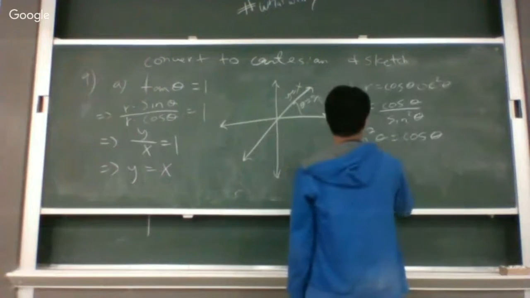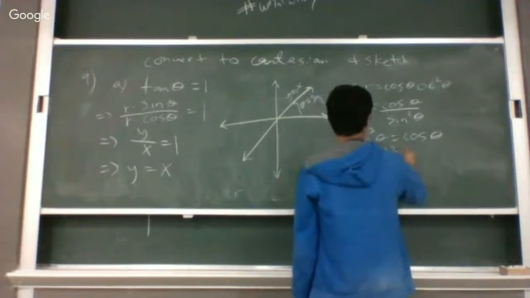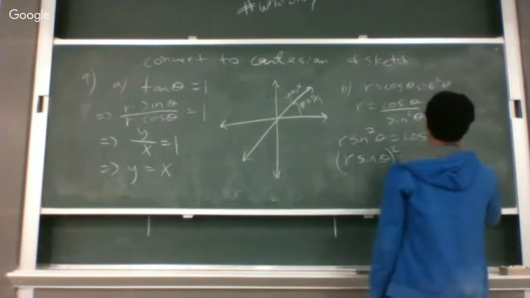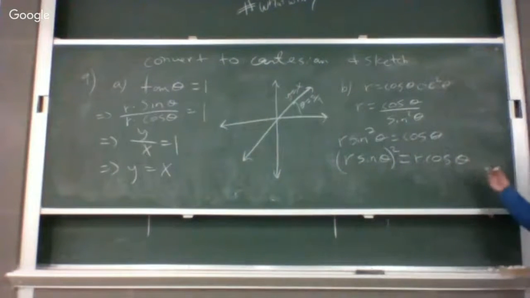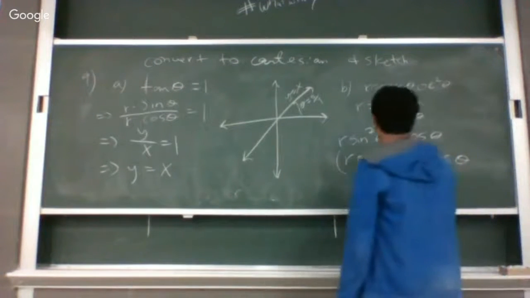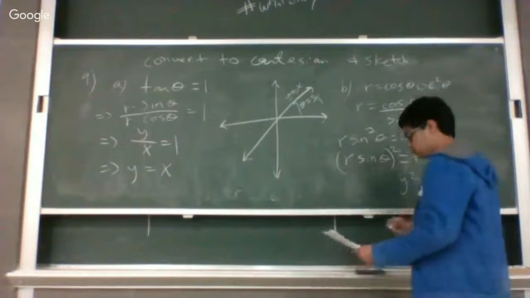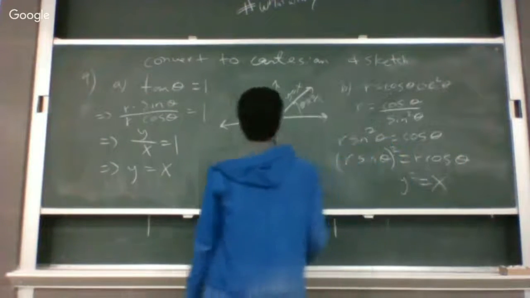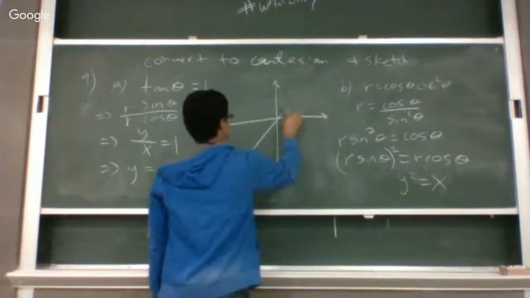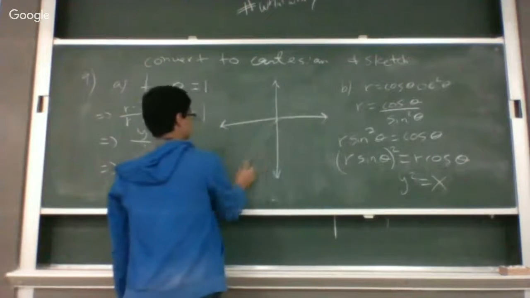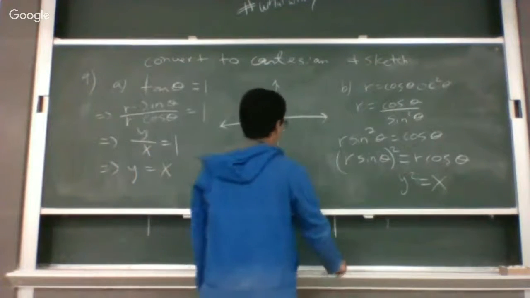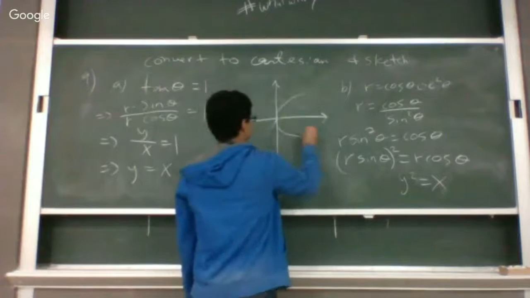So r sine of theta quantity squared is equal to r cosine of theta. And making the substitution, y squared is equal to x. And that is just this problem.